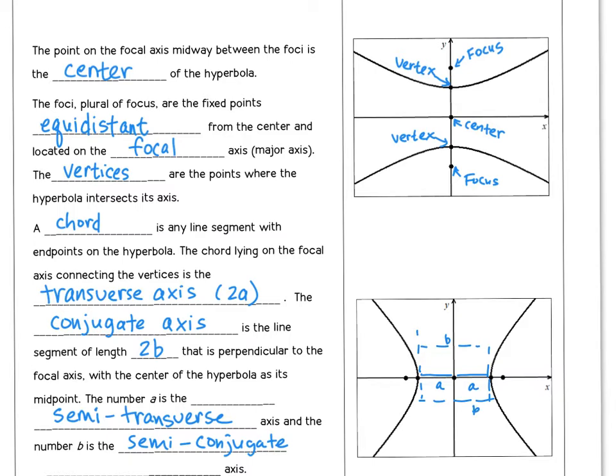B up, I mean. B distance up and down, because that would be negative b in that part. The conjugate axis is this one. And the semi-transverse axis would be there.